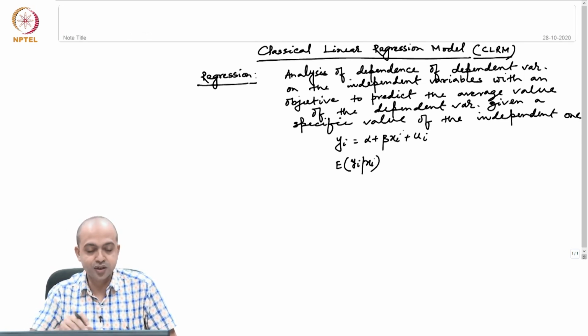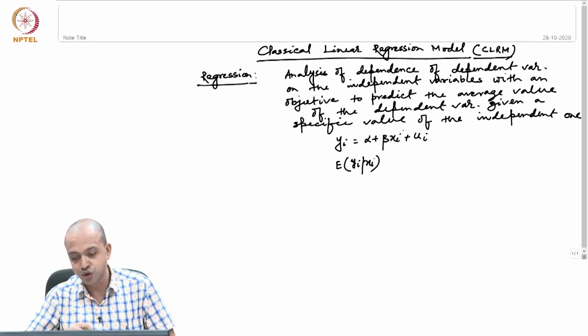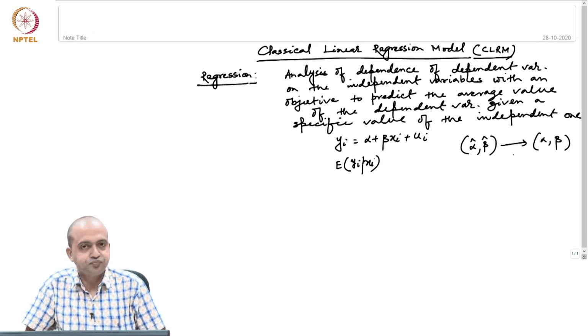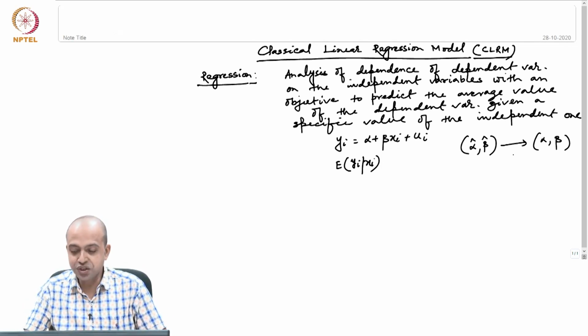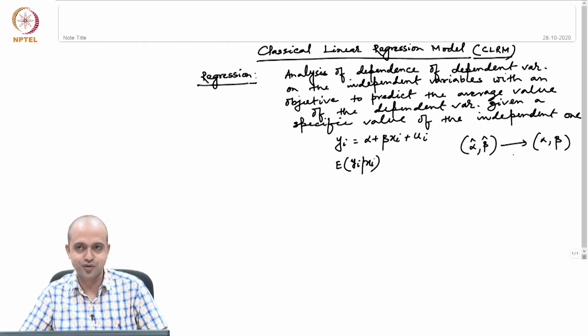Now, why are we doing this regression analysis? Because, if you recall from yesterday's class, our entire objective is to draw inference about the true population parameters alpha and beta with the help of alpha hat and beta hat. And how do you estimate alpha hat and beta hat? That is by regression analysis.